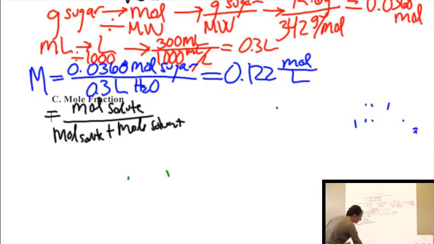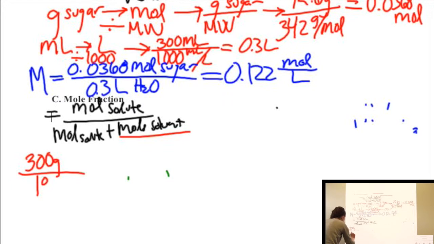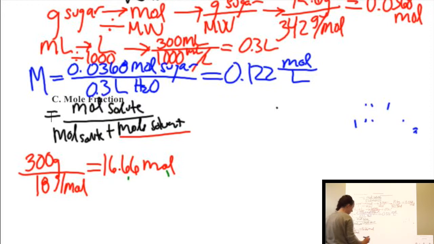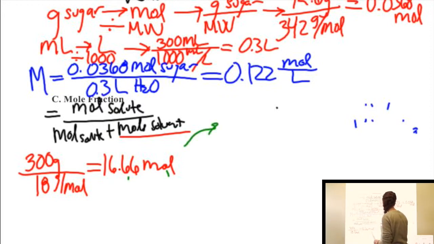So that means we just have to find the moles of our solvent, which is the water. So we take the mass of the water, which we found out in the last problem, which was 300 grams, and we simply divide by the molecular weight of water, which is 18 grams per mole, and we get 16.66 moles.